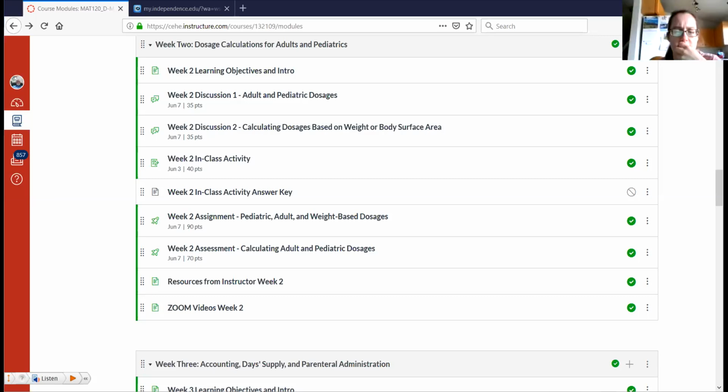Okay, so the purpose when we're looking at the pediatric reductions, that's when we are taking a fixed dose and looking at that.